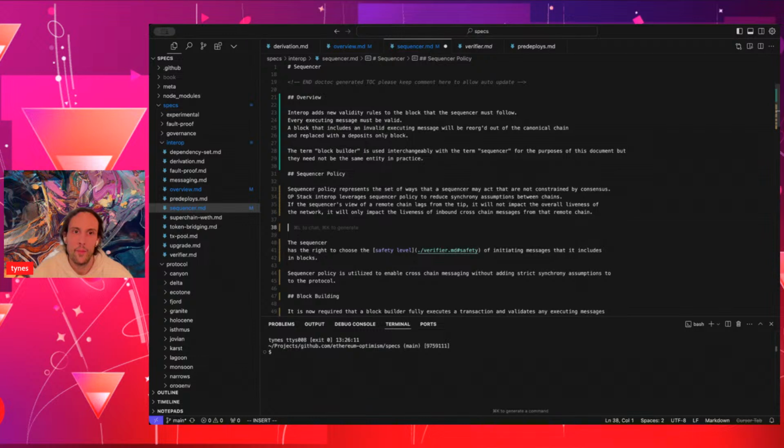So basically, the problem is we don't want reorgs if one chain falls out of sync.